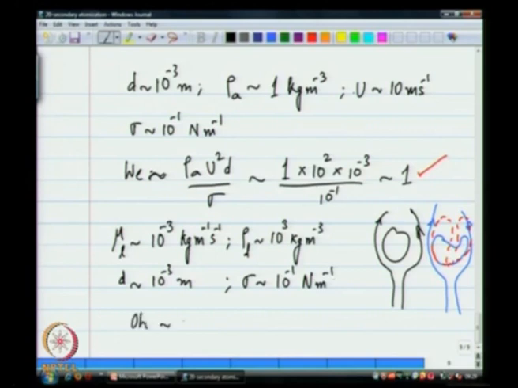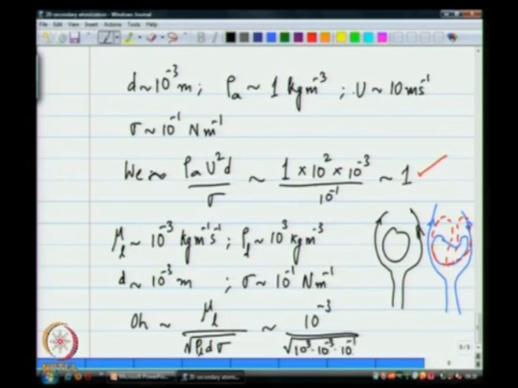The Ohnesorge number for this would be mu L divided by the square root of rho L d sigma, which in this case is about 10 power minus 3 divided by the square root of 10 power 3 into 10 power minus 3 into 10 power minus 1, which is on the order of 10 power minus 3 to 10 power minus 4, somewhere in there.